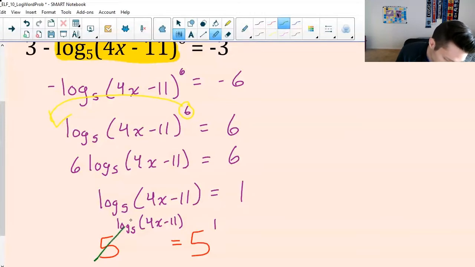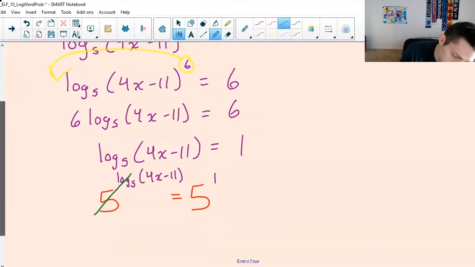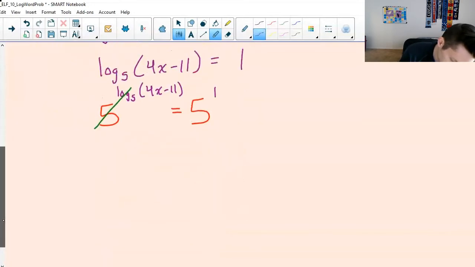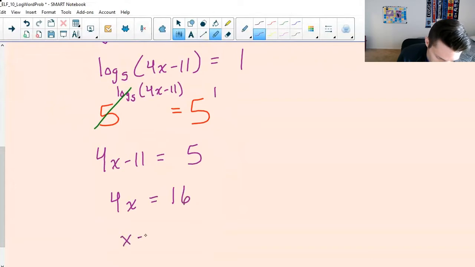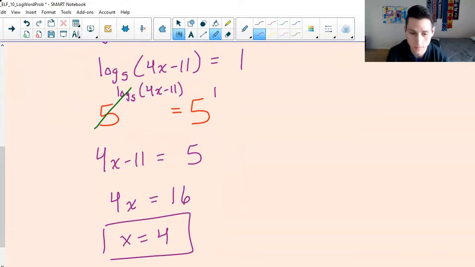Exponential base 5 and logarithm base 5 cancel each other out. Five to the first power is 5. And now just two-step solving. 4x equals 16. X equals 4. Smooth.